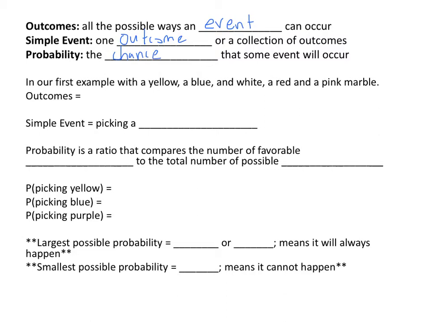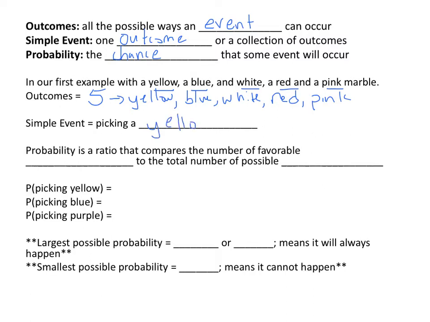So in our first example with a yellow, a blue, a white, a red, and a pink marble, there were 5 outcomes: 1, 2, 3, 4, 5. The 5 outcomes would be picking the yellow, blue, white, red, or pink. The simple event was picking a yellow, because that's what we were looking at.